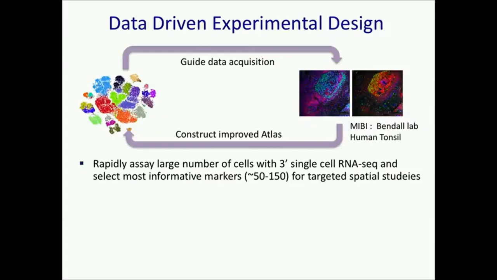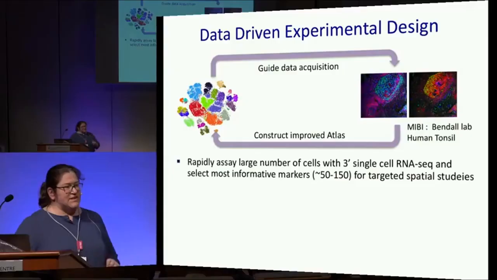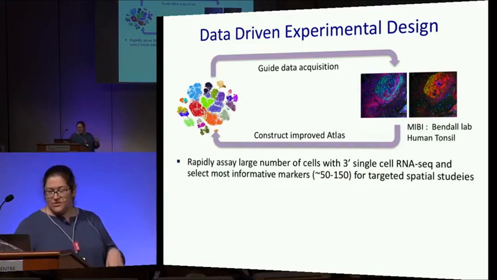And this really brings us to the fact that we, as computational scientists, I'm almost done, are going to have to map these things and iteratively decide the experiments. We're going to have to decide what are the best markers to map in the spatial resolution, because right now it is limited to 50, 100, 300 markers.